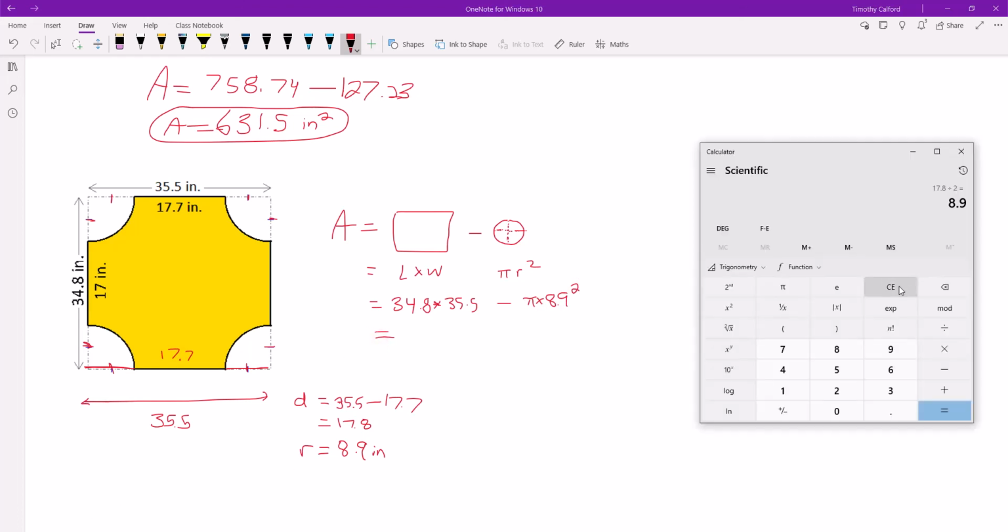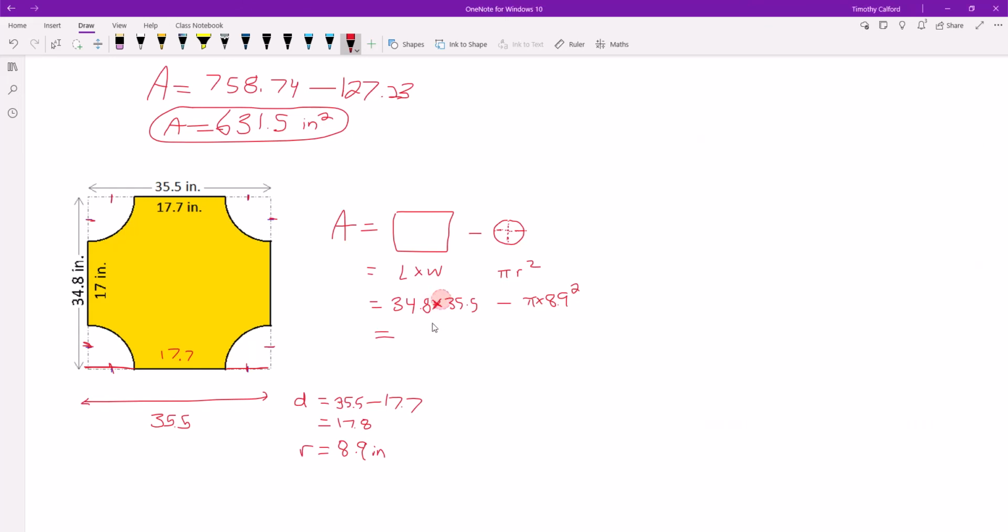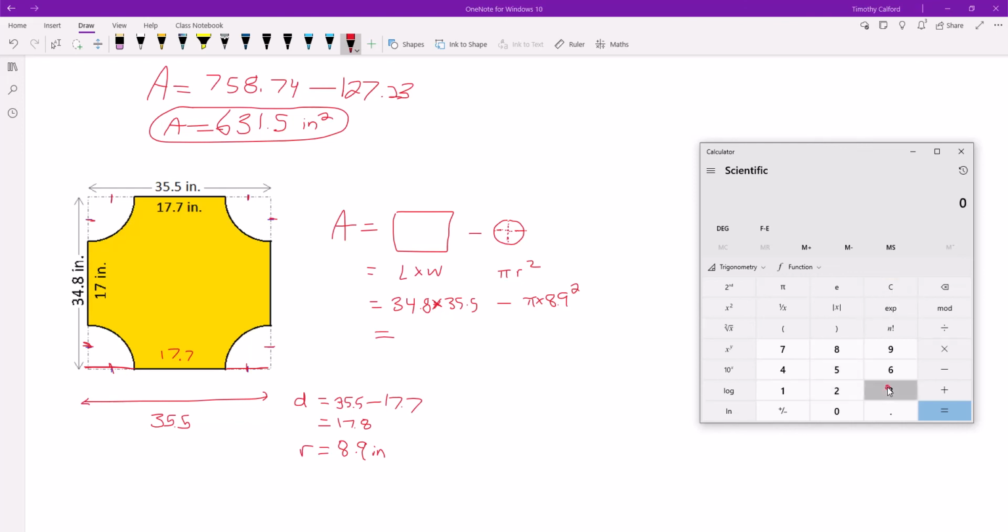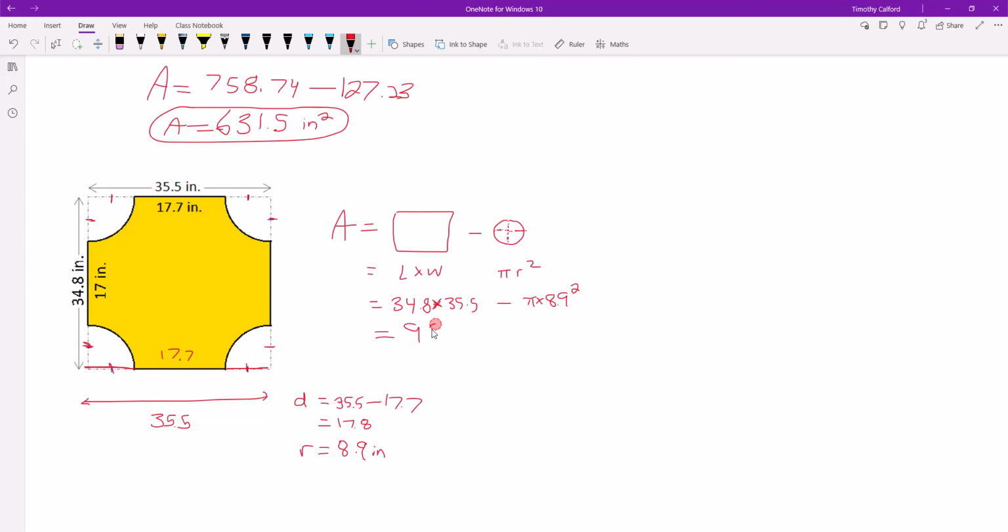Let's do this in one line here. See if it'll do it. So 34.8 multiplied by 35.5, so equals, and then minus pi times 8.9 squared equals 986 point, it's a 5 but followed by another 5, which is halfway, so we're going to go up to 986.6 square inches.